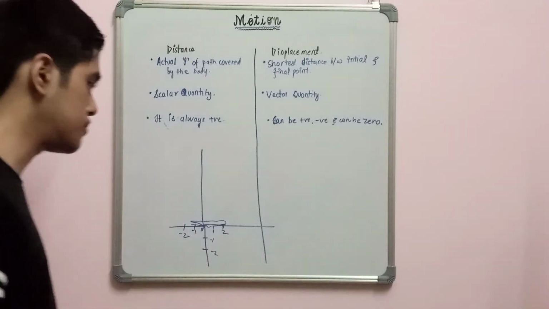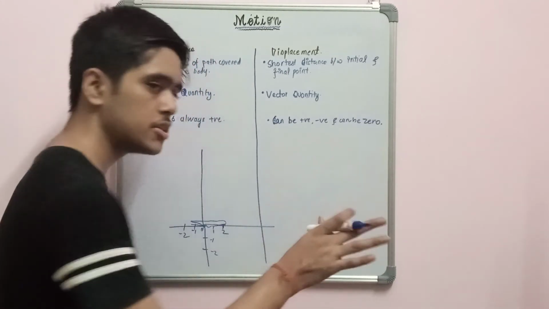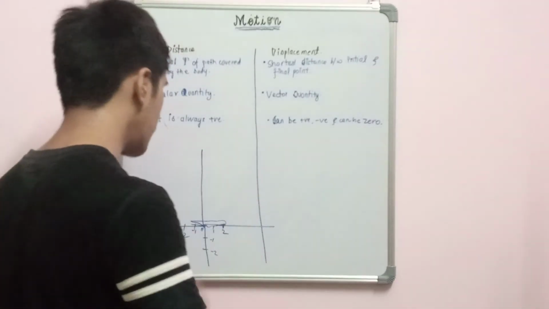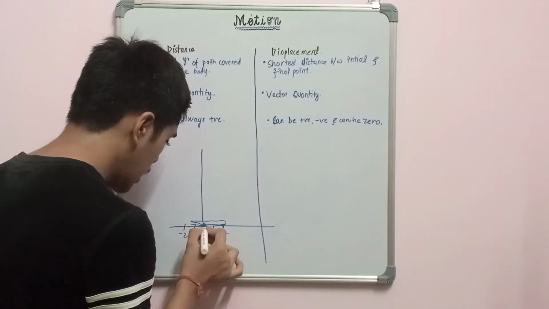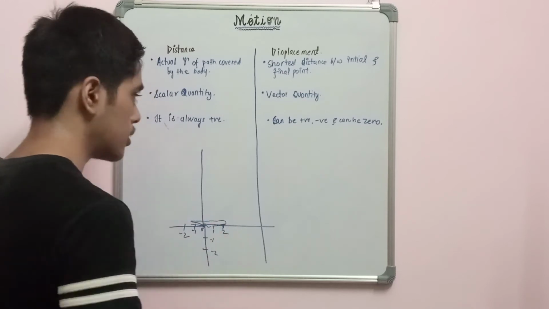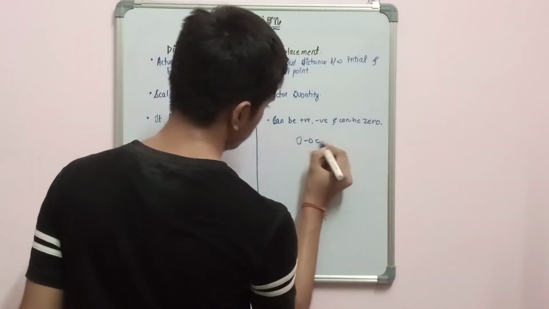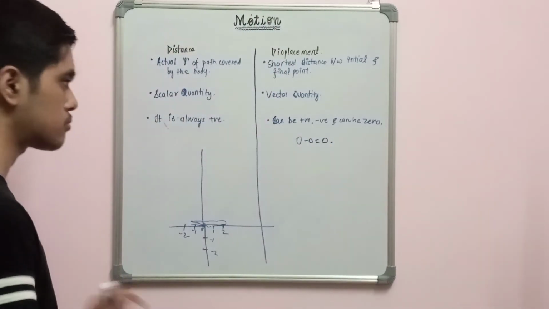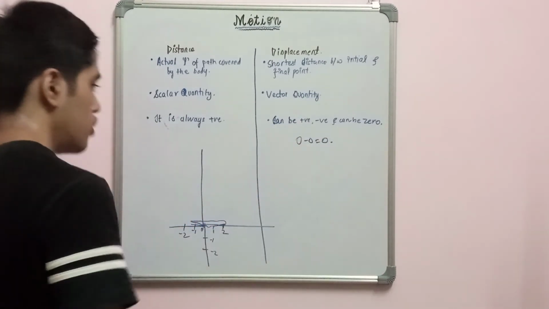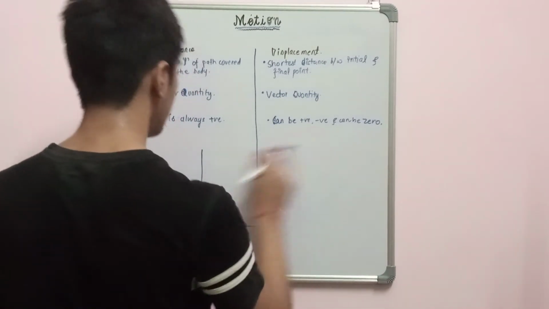Calculate the displacement. What is displacement? Shortest distance between initial and final point. यहाँ से बॉडी ने स्टार्ट किया, यहीं पे आके खत्म हुआ. 0 minus 0 is always 0. आ गया 0. चलो नेगेटिव कैसे हो गया? नेगेटिव भी दिखा देते हैं तुम्हें.